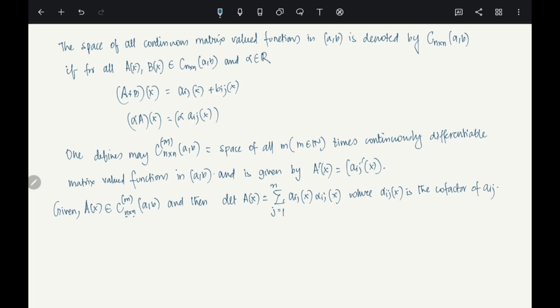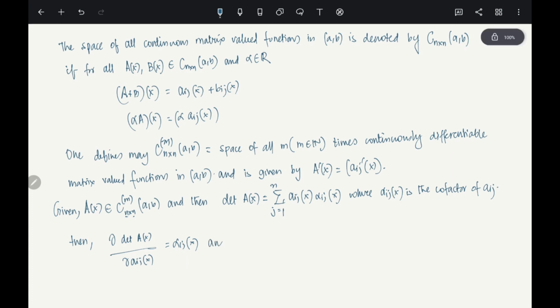Okay, right. Now once that is true, we want to write down what is the partial derivative of the determinant of A(x) with respect to a_ij(x). If you do that, this is nothing but alpha_ij(x), right? It follows easily because every other term becomes 0 and the only thing remaining is alpha_ij.